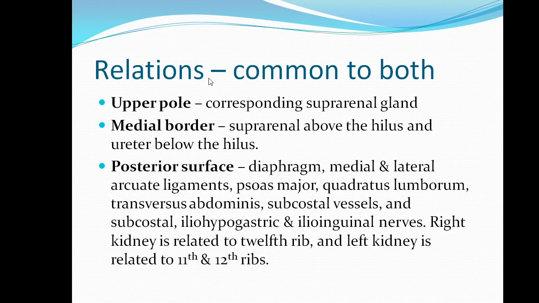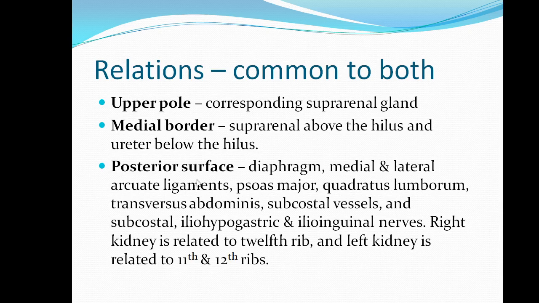Relations of the kidney. The relations common to both kidneys are, at the upper pole you find the corresponding suprarenal gland. On the medial border, the suprarenal gland lies above the hilum and the ureter lies below the hilum.